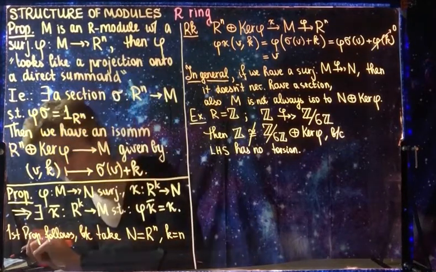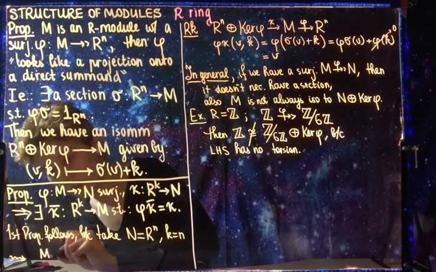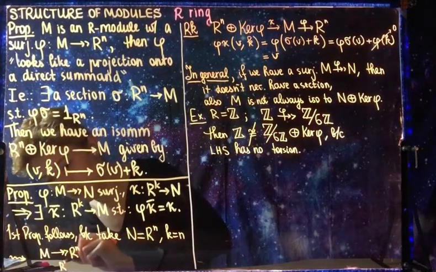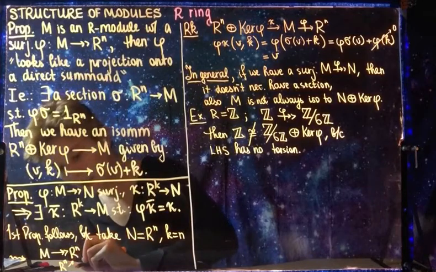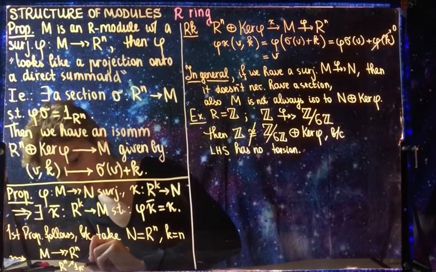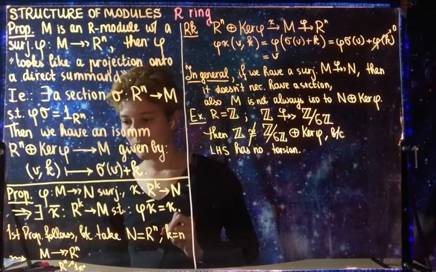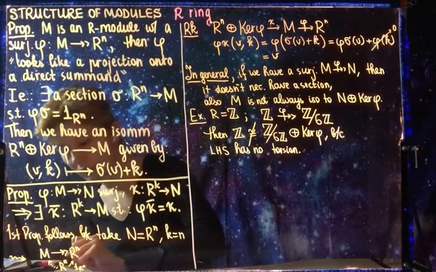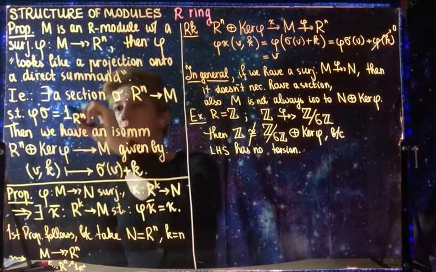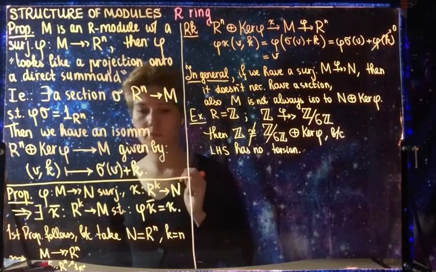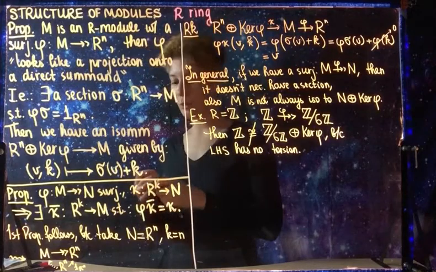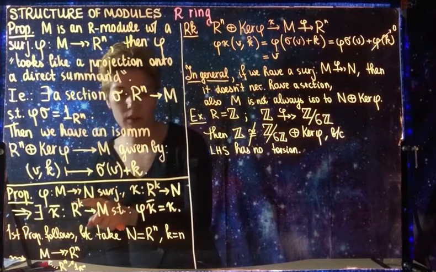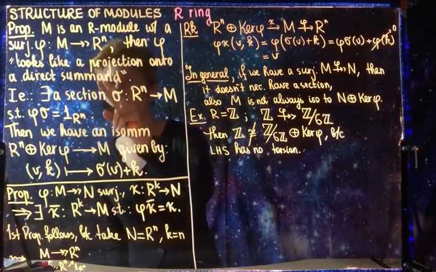And so we get this picture that we have a surjection from M onto Rn, and for kappa we take the identity homomorphism, and then kappa bar would give us a section sigma. So let me prove this more general proposition, and you will see that the proof goes pretty similarly to the proof of the first one.